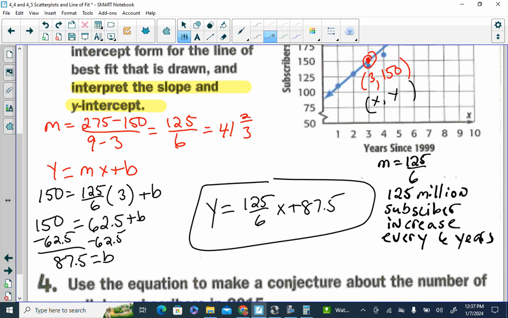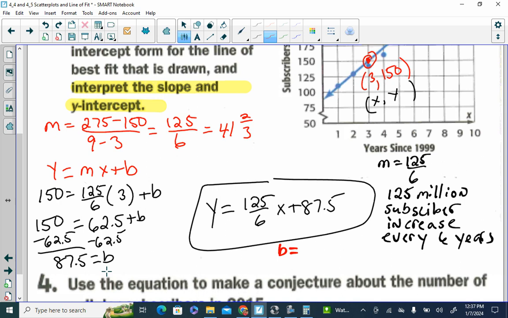What does our b mean? Well, our b is 41 and 2/3. Right, so the b, in the context of this problem, which is our y-intercept, which is 41 and 2/3, I'm sorry, not 41 and 2/3. Our b is 87.5. What does that 87.5 mean in the context of this problem?